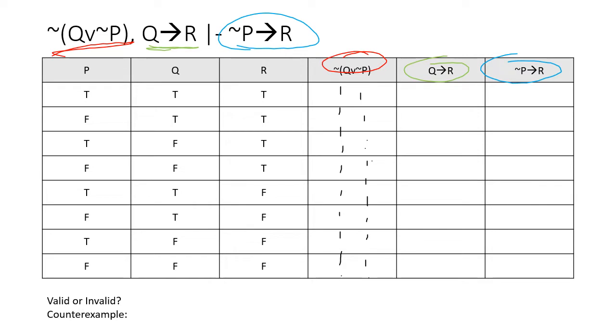We've got the wedge and the tilde. Since the tilde is just functioning over the p, we have to do the tilde first. And so we're going to take the values of p and flip them like so. And then we can include the wedge. We'll ignore this tilde outside for right now.